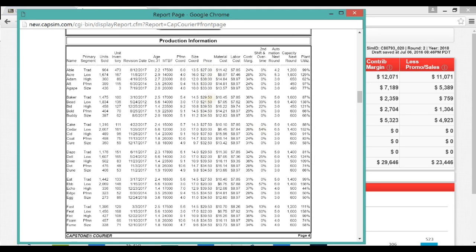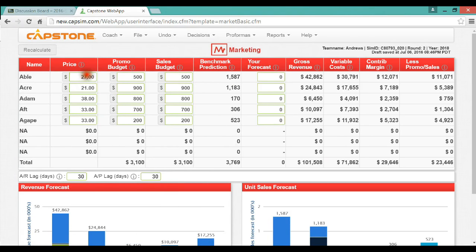Also, there's a good chance that in the next round my competition may raise their price. So I'm just going to go ahead and raise my price now and hope that with the combination of extra advertising plus a better product, this price raise is justified. And I think it is.